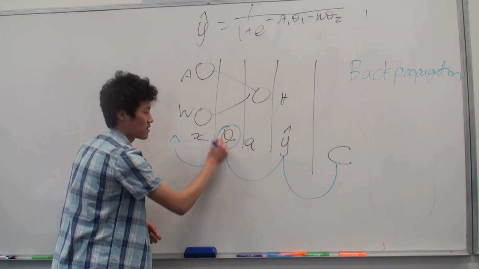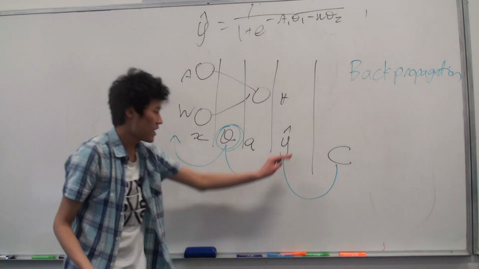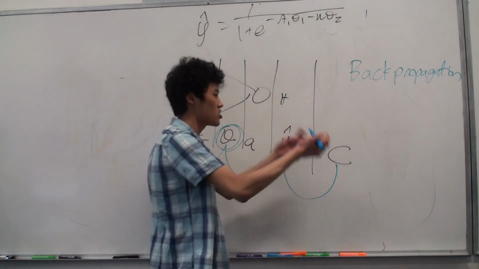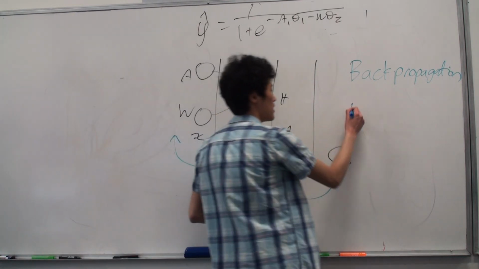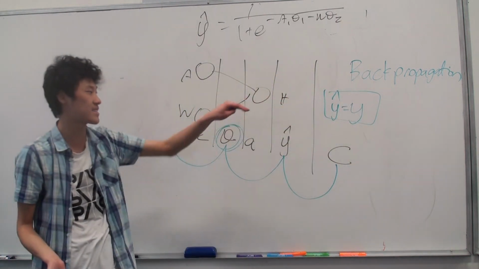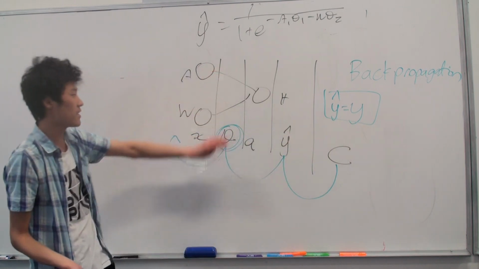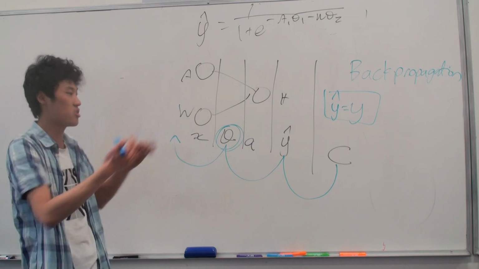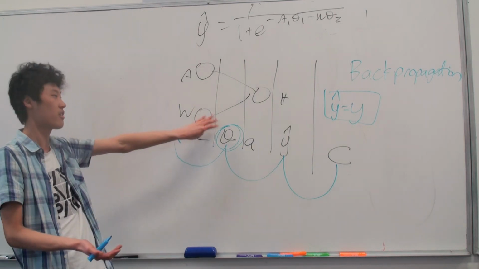As many times as you go backwards, it keeps updating, and your new prediction keeps changing until it becomes exactly equal to y. This is what we want: the prediction to be exactly equal to y. So a neural network is a universal function approximator. Whatever function you give it, it will try to approximate it with another function.